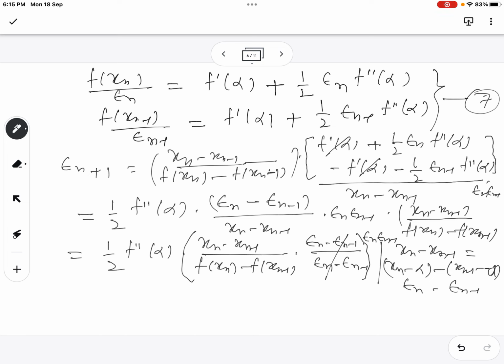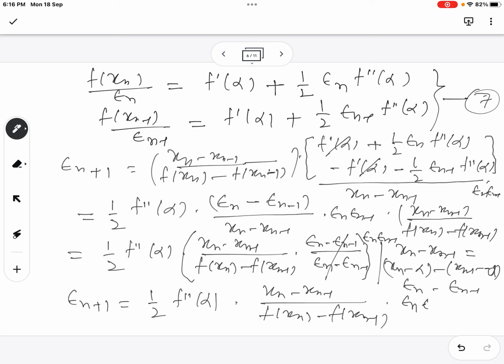And here these factors will cancel out, so n plus 1th error will be given by 1 by 2 f double prime alpha into xn minus 1 by f at xn minus f at xn minus 1 into product of nth and n minus 1th error.